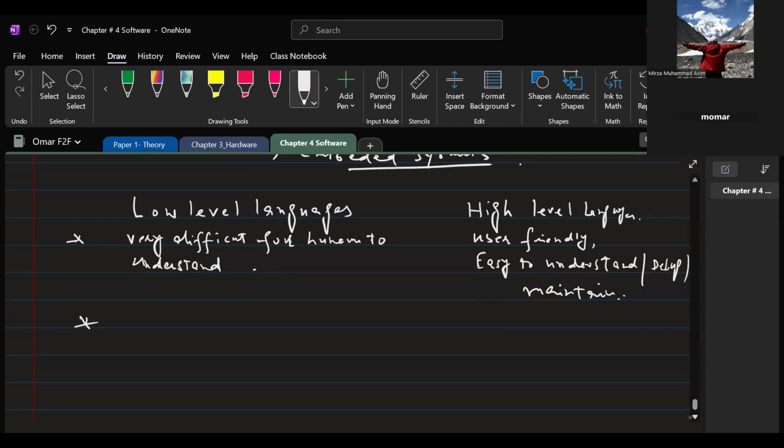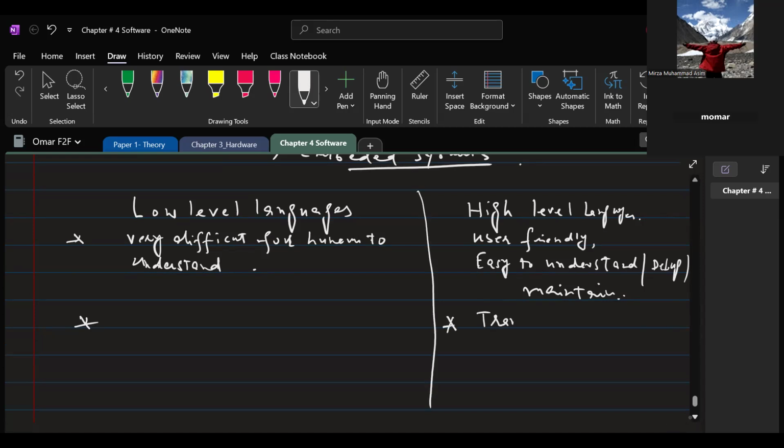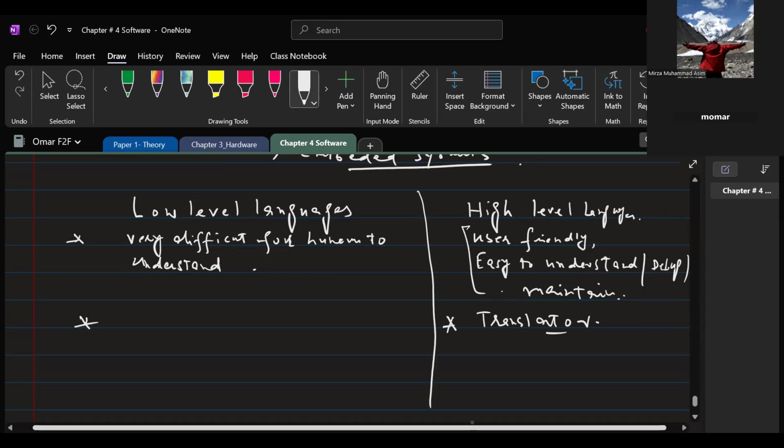Okay, in high level language, we need a translator. A translator can translate your commands. For example, input A, B, C is equal to A plus B, print C. So these are the commands, right?